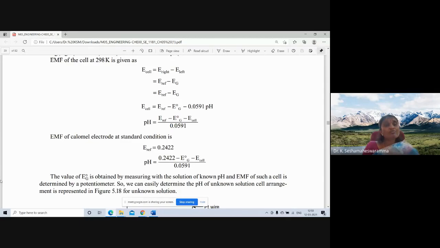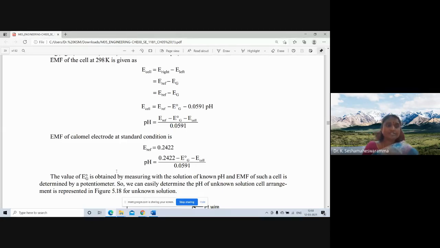Next, the electromotive force of the calomel electrode at standard condition, that is the reference, is 0.2422. In the last class, we explained this. At standard condition, pH is equal to 0.2422 minus electrode potential of the glass electrode and then cell, by 0.0591.